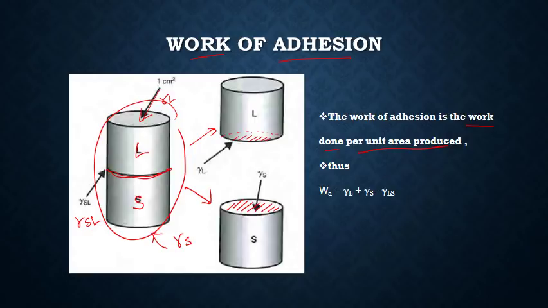It is simply equal to the new areas, this one and this one, plus the surface tension of solids, minus the initial area. That will be the newly generated area, so it will be the work of adhesion.